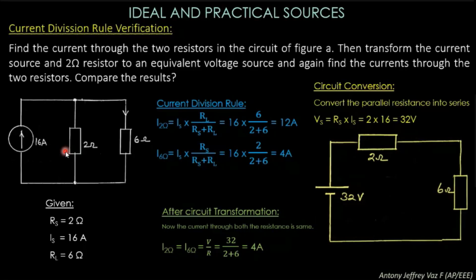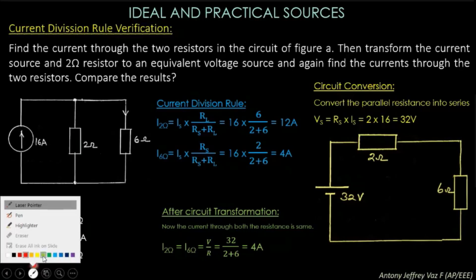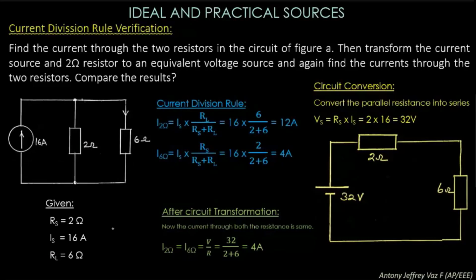To do so, we first need to find the voltage across the voltage source, that is Vs, which will be equivalent to Rs into Is. We know Rs is 2 ohms and Is is the source current, which is 16 amps. So we get a voltage source of 32 volt.